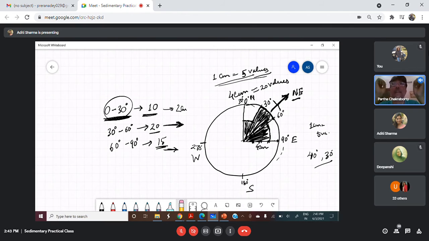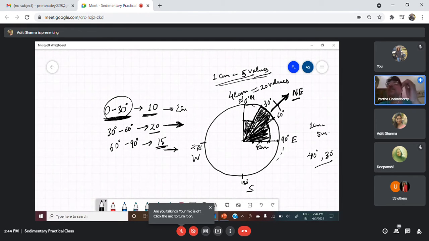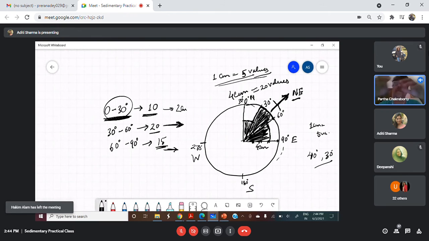Possibly you remember: you take the sine component of each data, the cosine component of each data, then multiply that with the frequency, and then the equation comes for how you identify the mean direction. The magnitude of the mean is the square root of (sigma n sine) squared plus (sigma n cosine) squared, and the direction of the vector mean you can easily identify from this diagram.